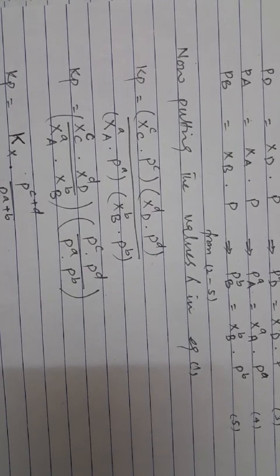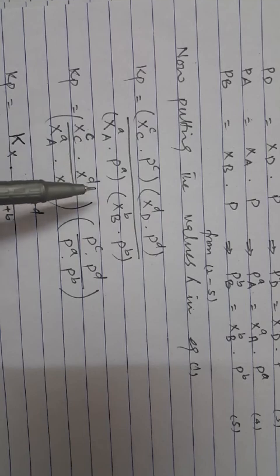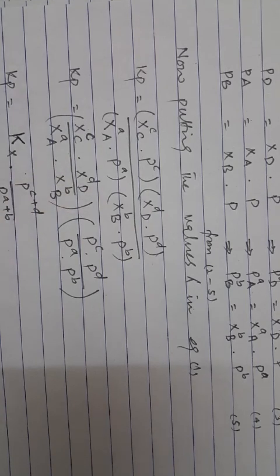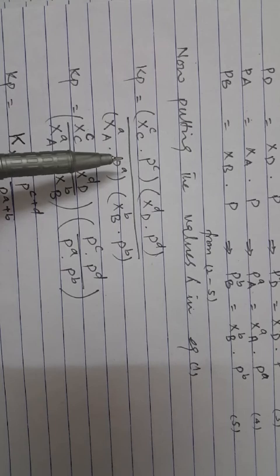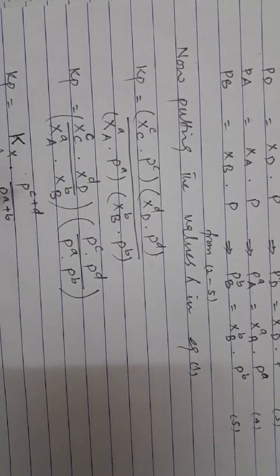Now solving this expression, we come to know that Kp is equal to mole fraction of C power c into mole fraction of D power d. We will separate the mole fraction values and the total pressure, these two parameters.